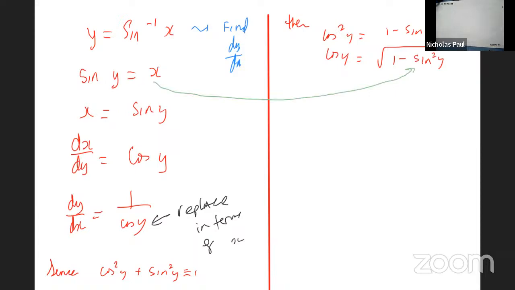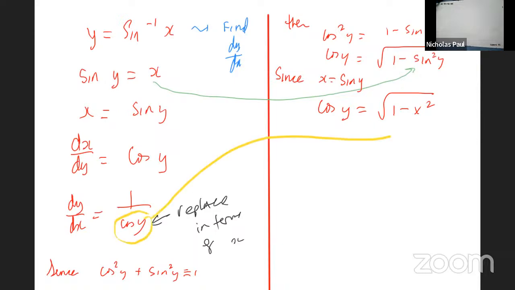So since x is sine y, cos y is equal to the square root of 1 minus x squared. Okay with that? So now I could come back here, take this off and replace it with that. So I could say that dy/dx is equal to 1 over the square root of 1 minus x squared.